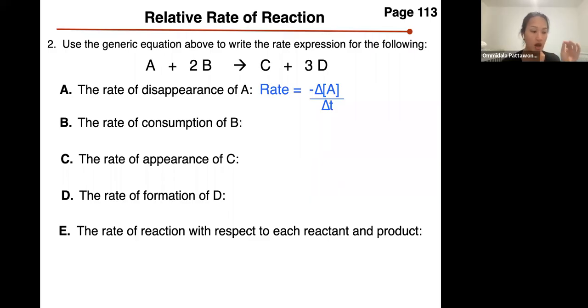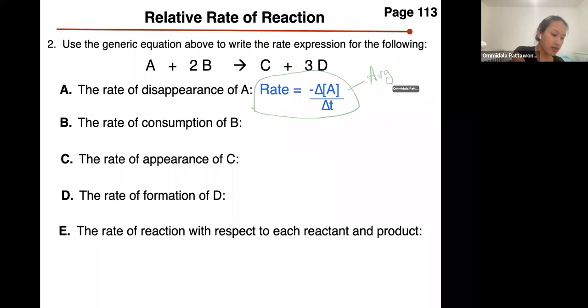That would be the rate expression of the rate of disappearance of A. Again, this rate right here can be used for both average rate or instantaneous rate. This is only of A.